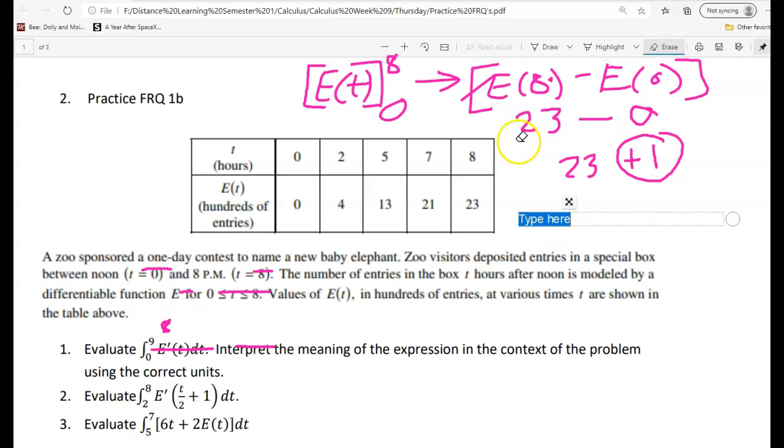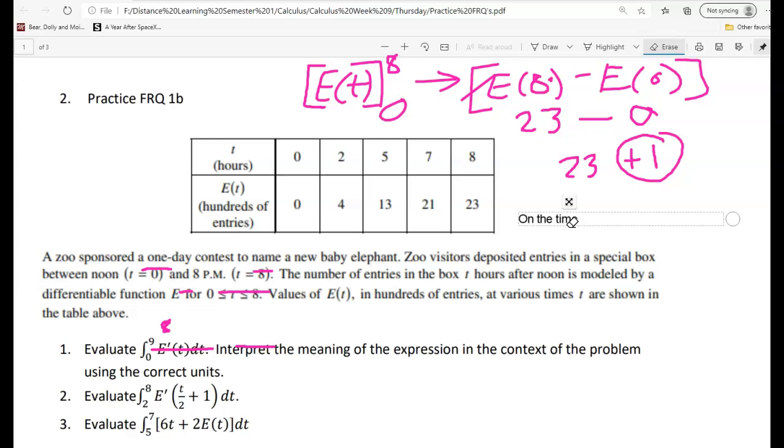Now the input units, the numbers that we plugged in, 8 and 0, those numbers are T values, which are in hours. And we're going from T equals 0 to T equals 8. The number of entries was 2,300. So here's basically our interpretation.